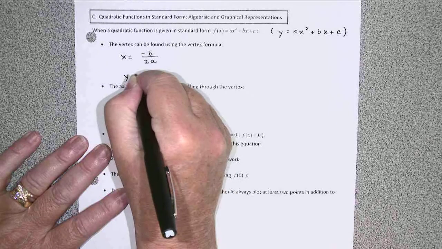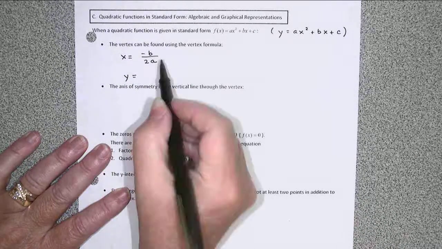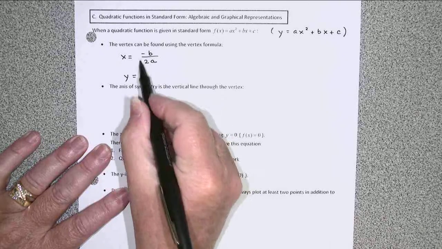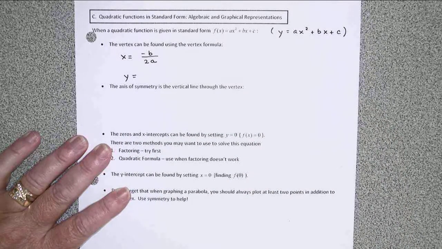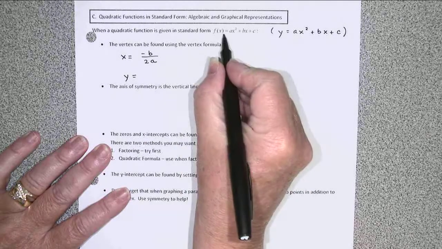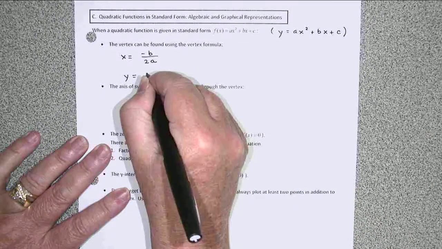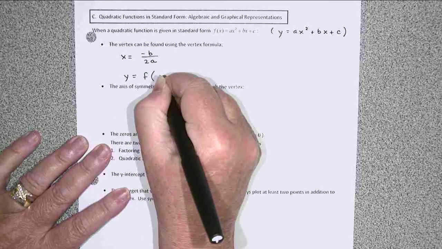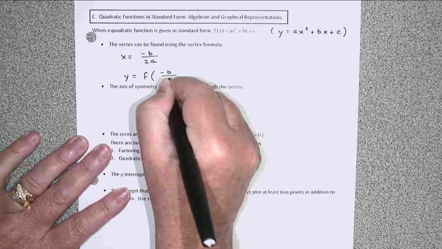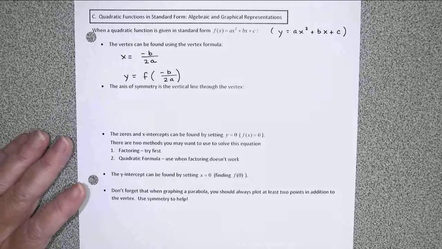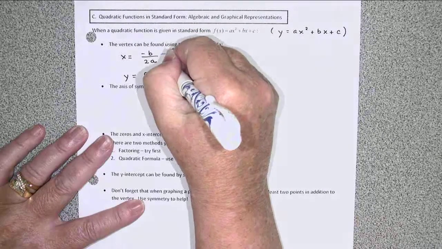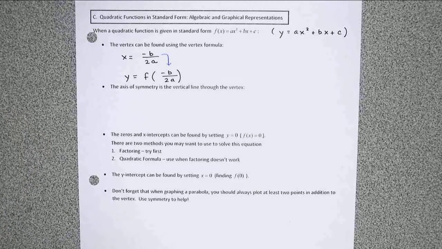To find the y value of the vertex, we're going to take whatever our x value was, and just plug it back in for x in the original equation to find y. An easy way to say that using function notation would be to do f of negative b over 2a. But really all we're doing here is plugging this value into our function, and that's going to give us the y.